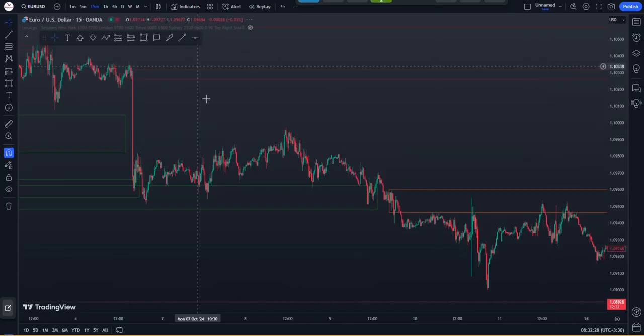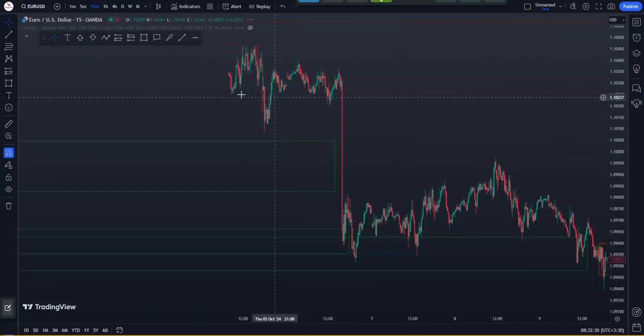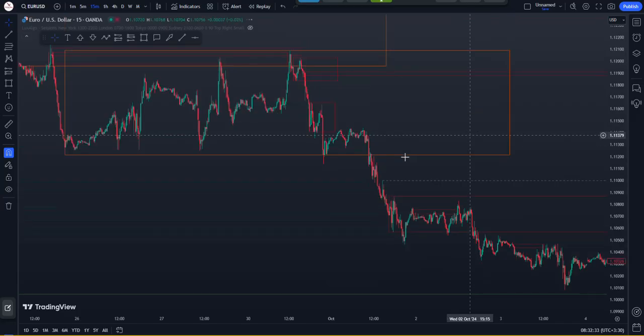Let's see in lower time frames with more details. So you can see here, the swap of this one created this high.